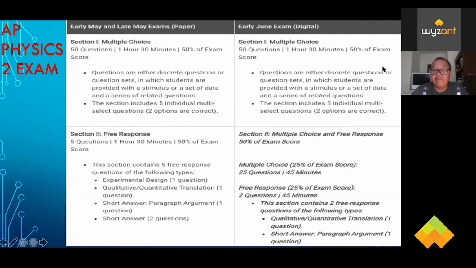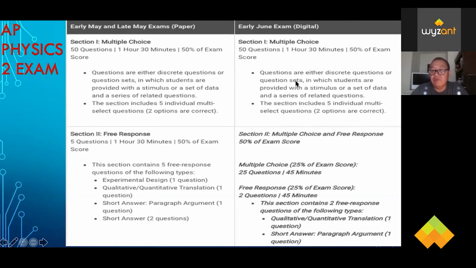We also have another test that's called digital. Digital also has 2 sections. Section 1, multiple choices. They have 50 questions, a 1 hour, 30 minutes time limit, and the score is also 50% of the exam score.